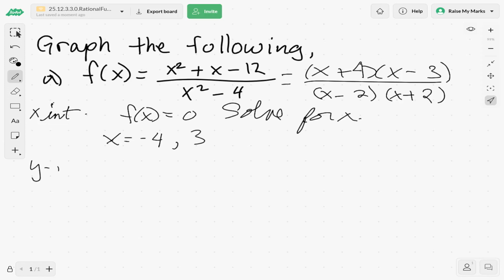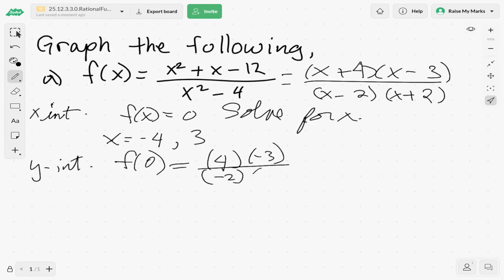For the y-intercept, we let x equal 0. So we evaluate f at 0 and see what we get. In the numerator, you get 4 times -3, and in the denominator -2 times 2. And we end up with 3. That's our y-intercept, y equals 3.